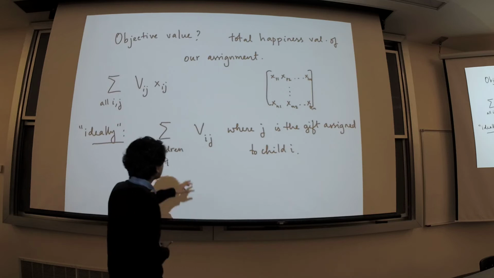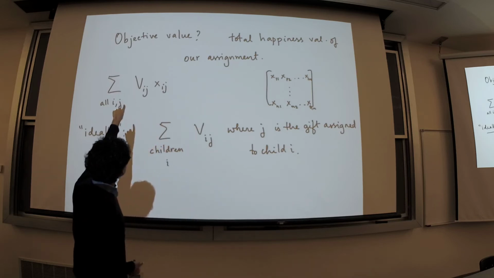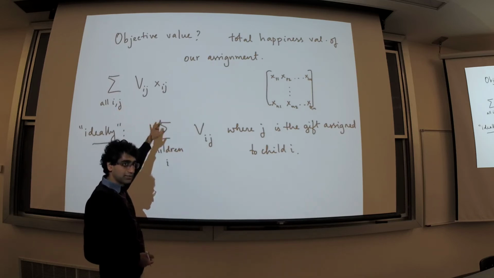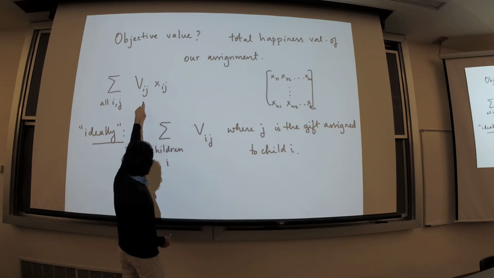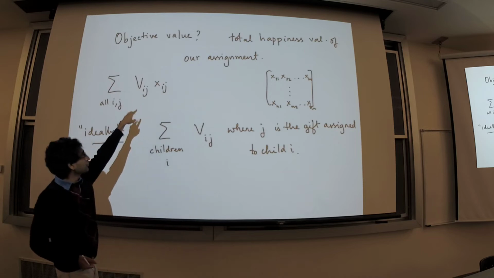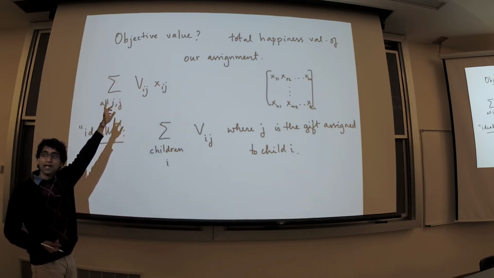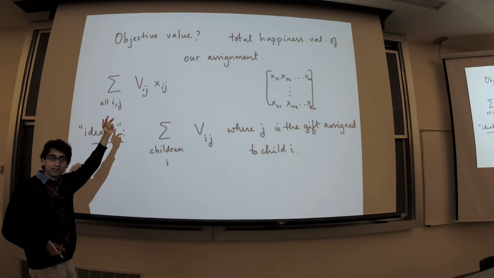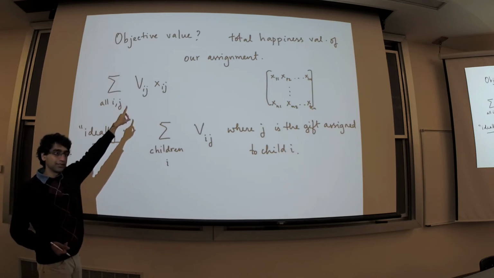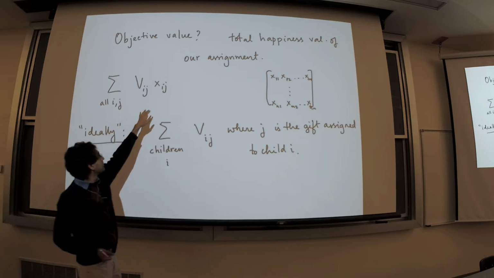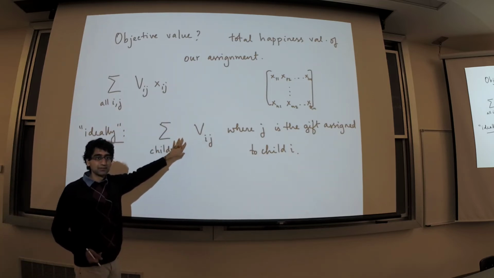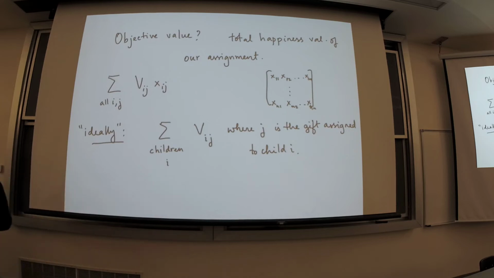Okay? But note that this is exactly the same as that quantity, because if j is the right gift assigned to i, then the corresponding term in this summation would be vij. For every other gift, the xij value would be 0. So this value is exactly the same as this. Let me not write j here. Let me write gift of i.